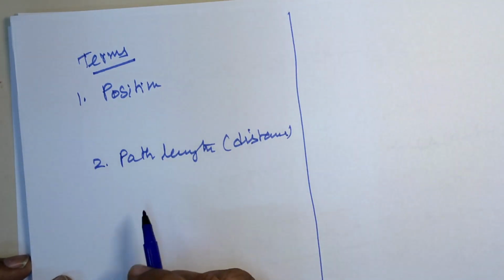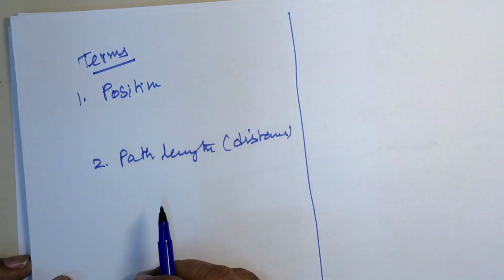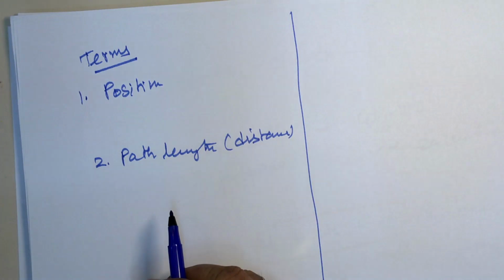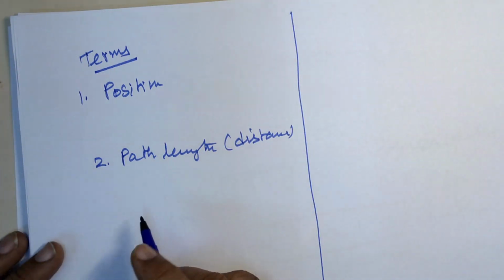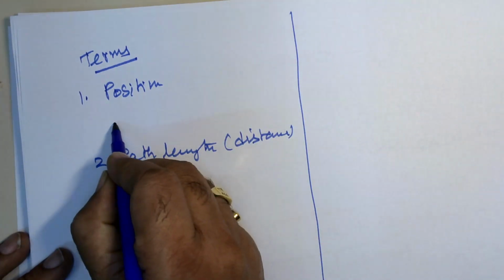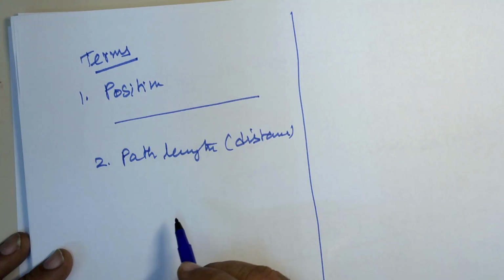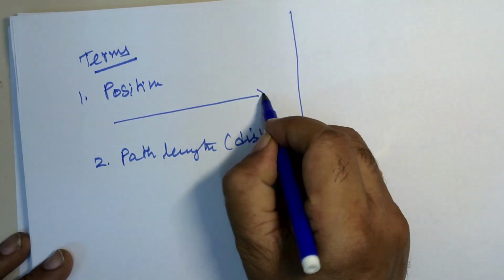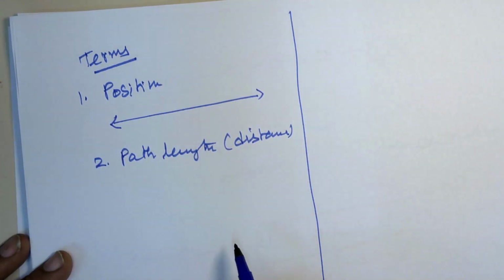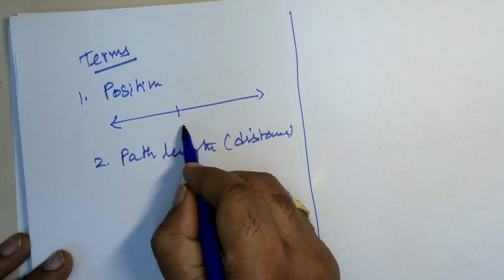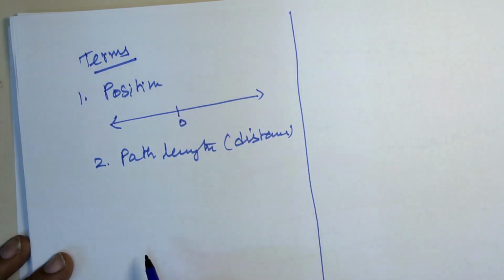Now let me try defining the position. It is defined as the point where an object is situated. For example, let me draw a line, the x-axis, and this is the origin.